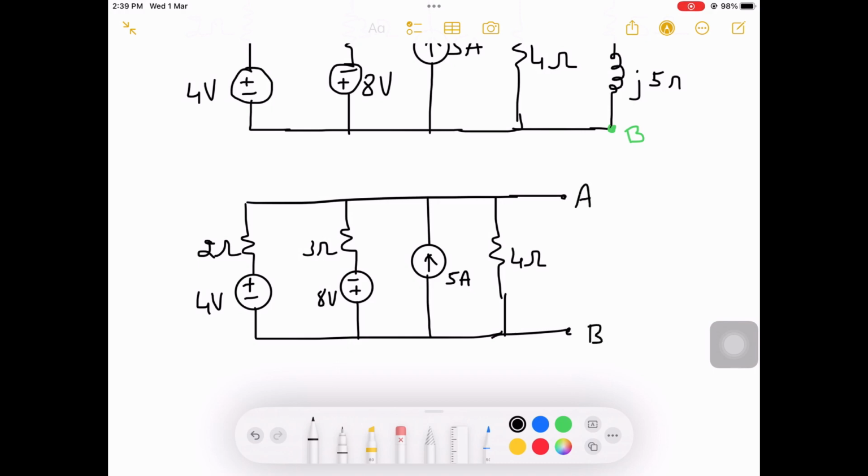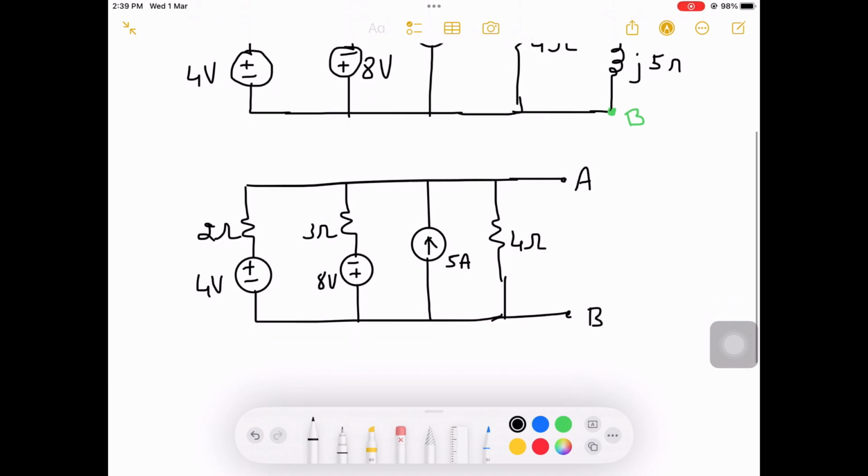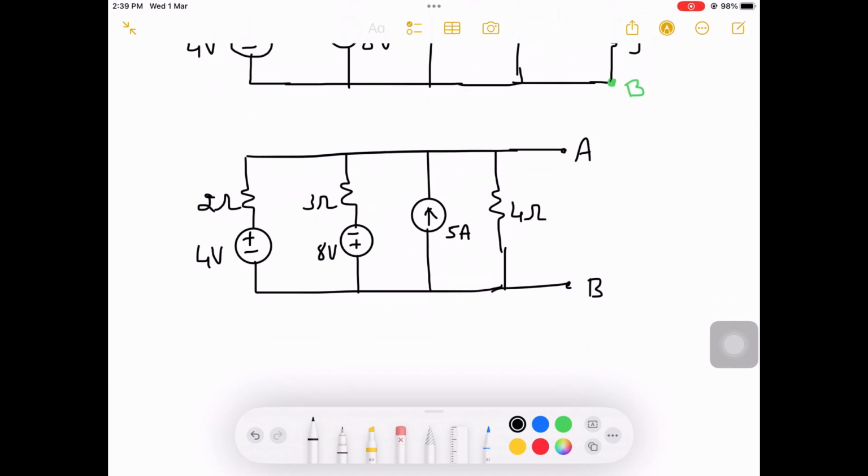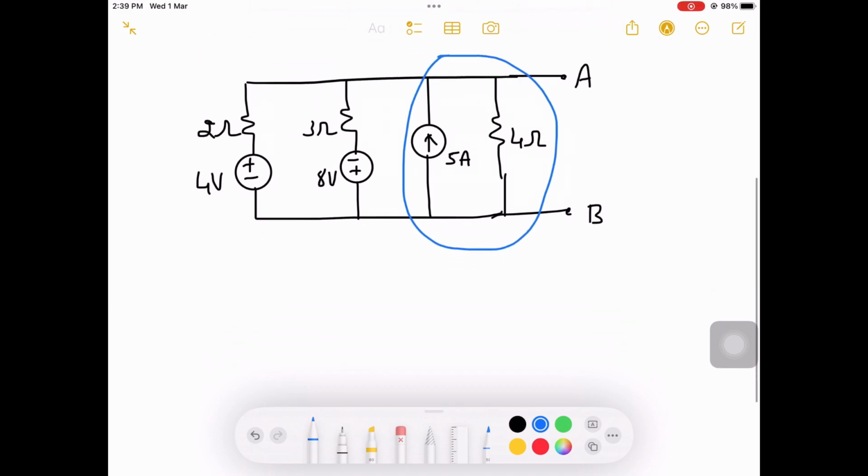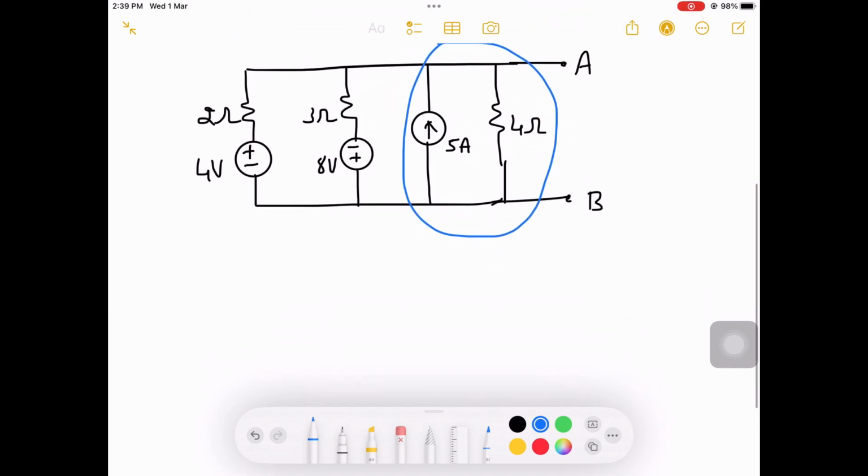Now, as I mentioned, if you have more voltage sources, they can be written as a single voltage source. Here I have a practical current source, which is represented as a current source parallel to a resistance. I will convert this current source to a voltage source.